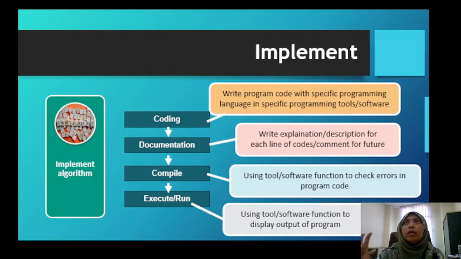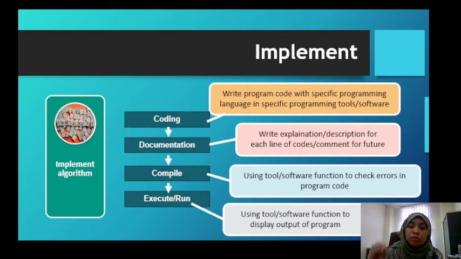So there are several types of error, which are sometimes made by the programmer, such as typo errors or syntax errors or anything. That type of error needs to be discussed in the next chapter.